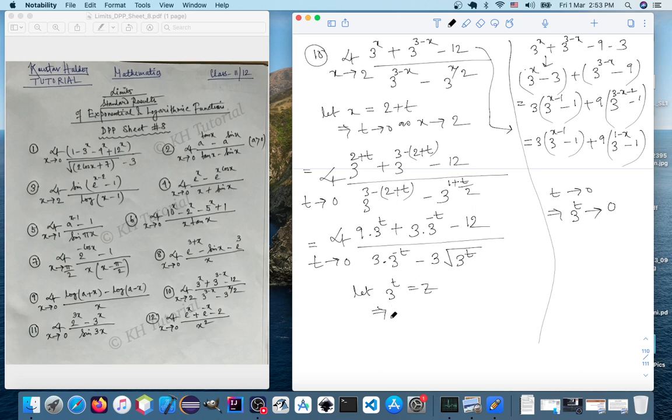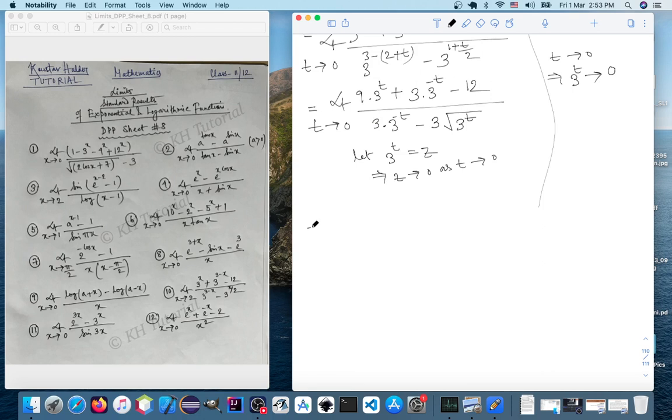This implies z tends to 1 as t tends to 0, we get 9z plus 3 by z minus 12, over 3 by z minus 3 root z.